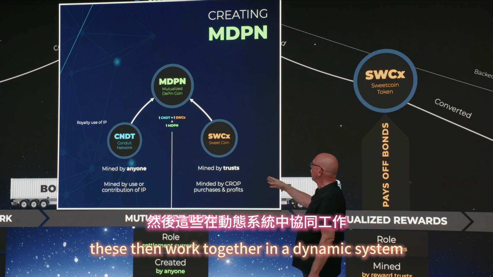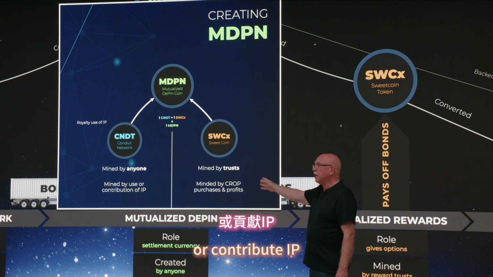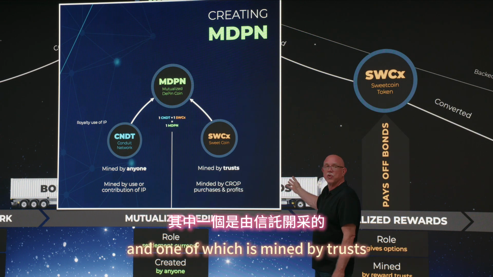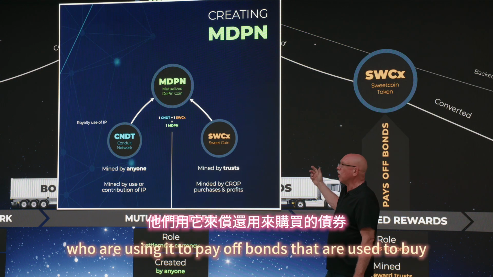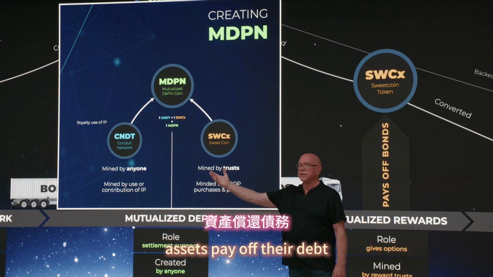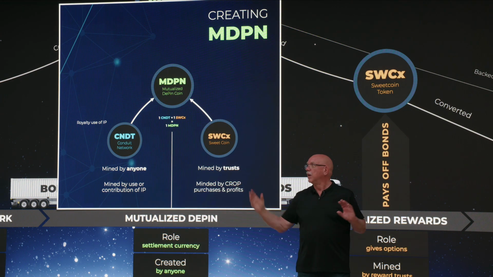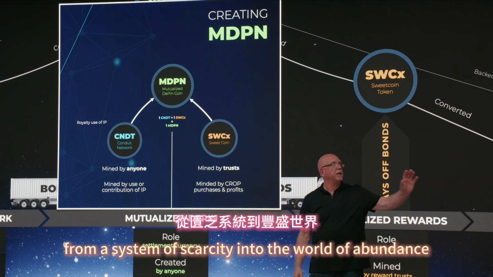These then work together in a dynamic system, one of which is mined by anyone when they use or contribute IP, and one of which is mined by trusts who are using it to pay off bonds that are used to buy assets, pay off their debt, and move them from a system of scarcity into the world of abundance.